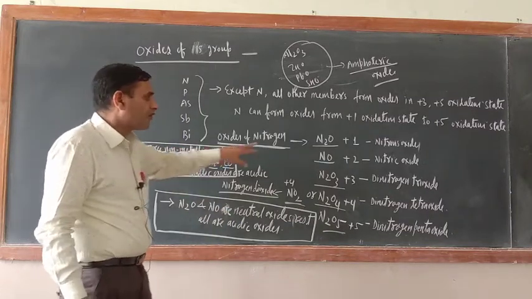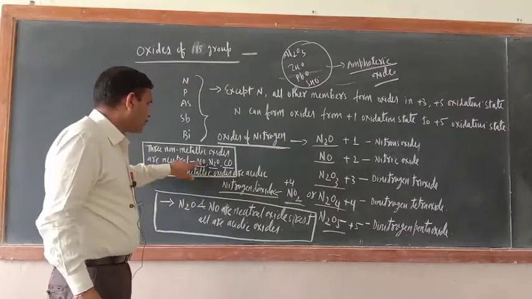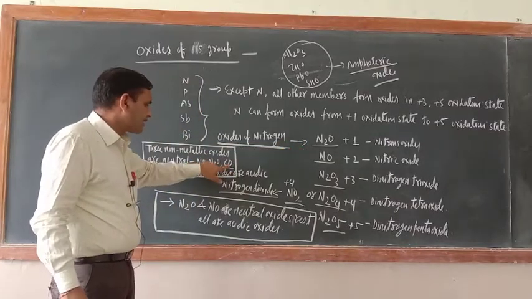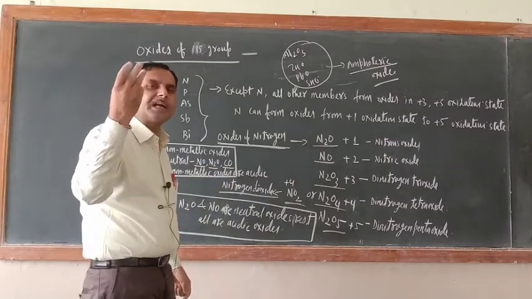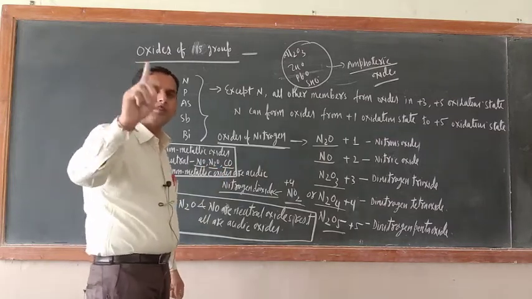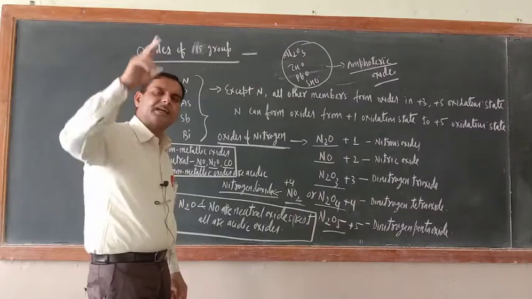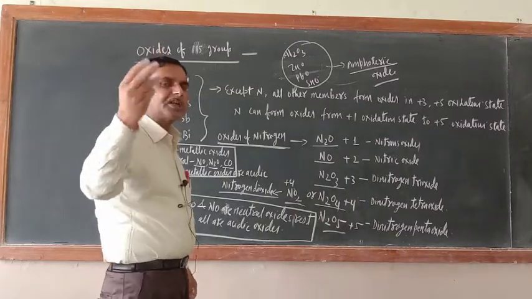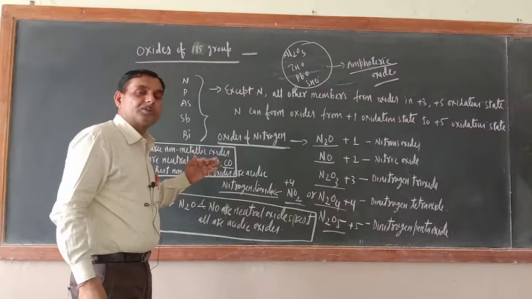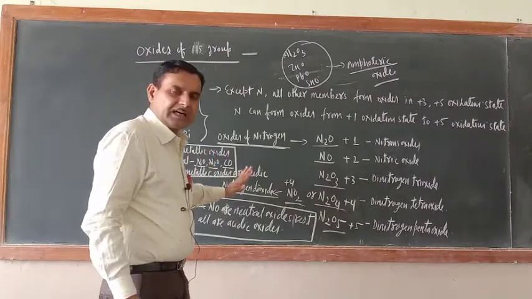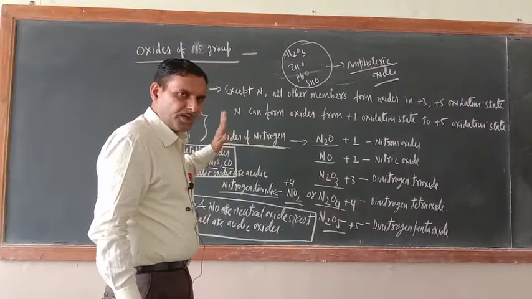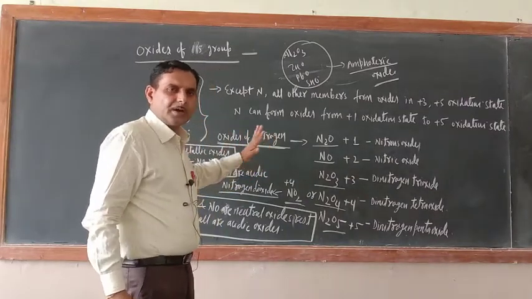So 2 from the nitrogen only, N2O, NO and CO. So only 3 non-metallic oxides are neutral in nature: carbon monoxide, nitrous oxide and nitric oxide. These 3 are the neutral oxides. So as far as the oxides of nitrogen is concerned, now I told you.